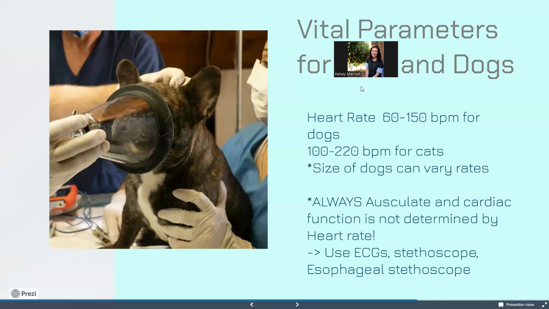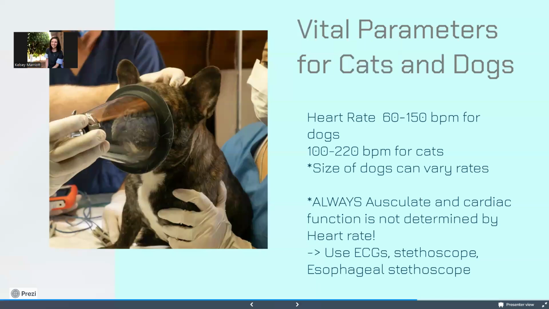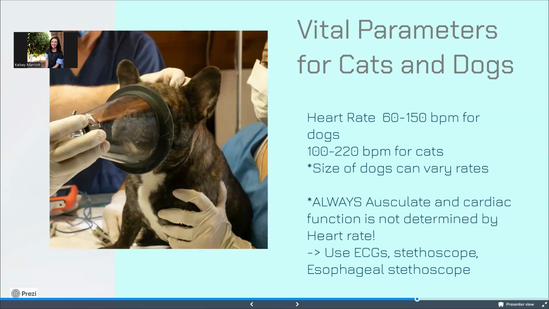Our vital parameters are a little subjective in regards to what you find in your book and online at valuable resources. But under anesthesia, we can see heart rates between 60 and 150 for dogs and 100 to 220 for cats. The size and type of our patient is going to vary.